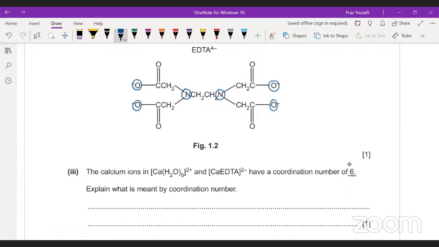What is a coordination number telling you? It's basically telling you the number of dative bonds that are being formed by, again, the ligand and the metal ions.